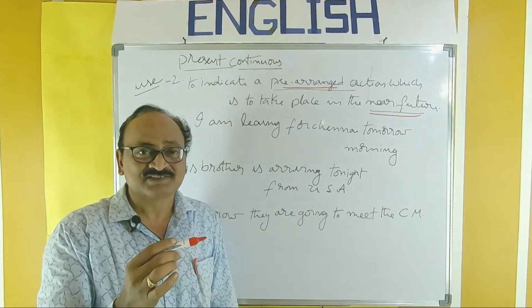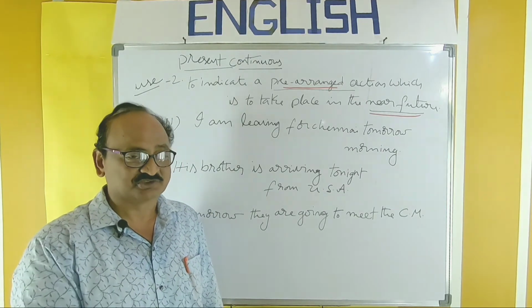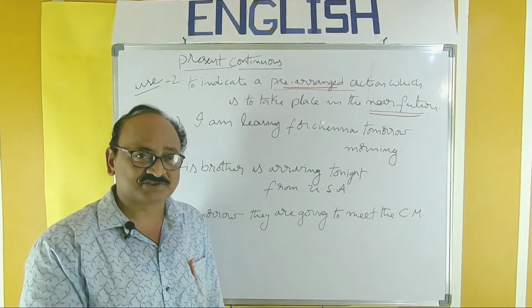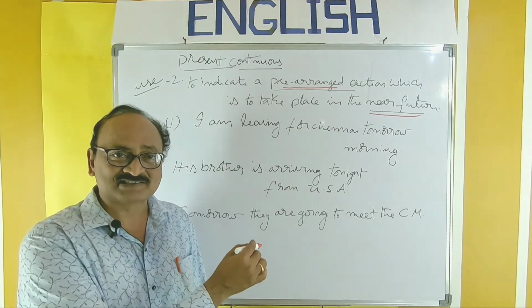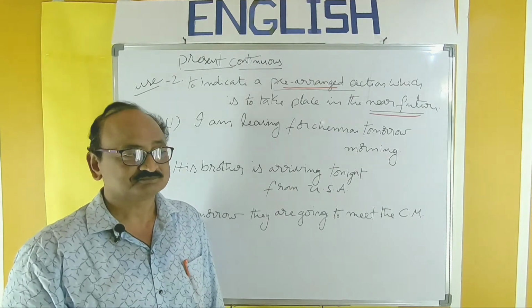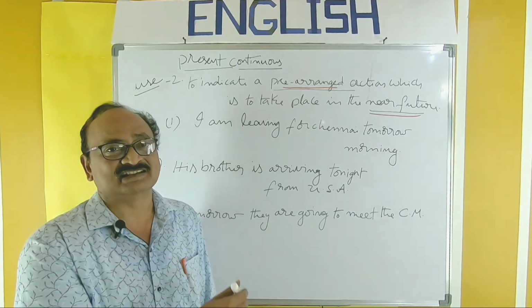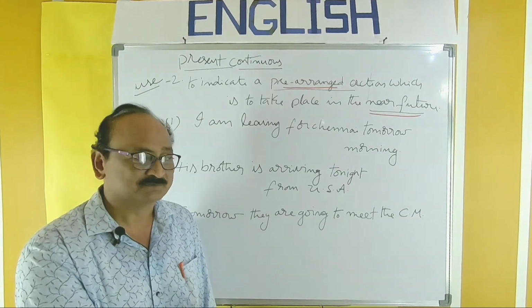So which is the near future to our present? That is today evening, tomorrow morning, tomorrow afternoon, tonight. So you have to mention the time like this so that it will be clear to the listener that the action will take place in the near future.